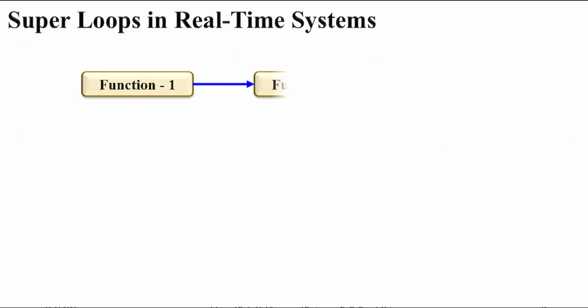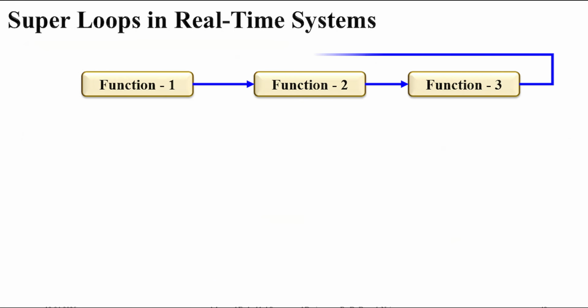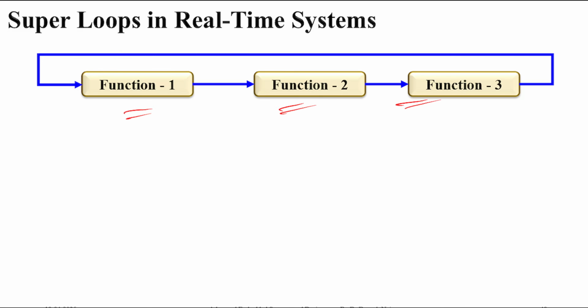Let us talk about Superloop programming in a real-time operating system. This block diagram shows the approach used by Superloop programming: function 1 takes the CPU resources, completes its job, gives the CPU resources to function 2, then function 2 completes its job and releases the CPU resources, then function 3 will take the CPU resources, and so on.